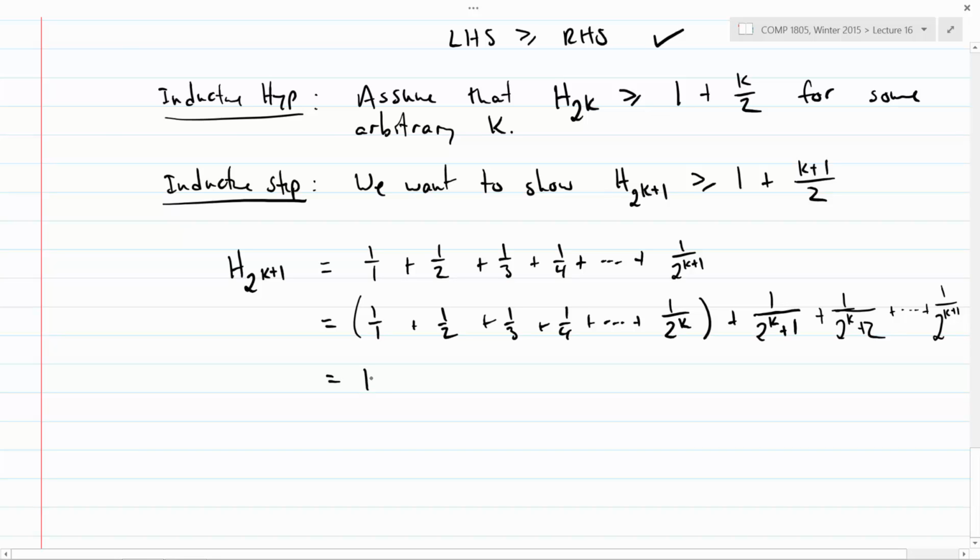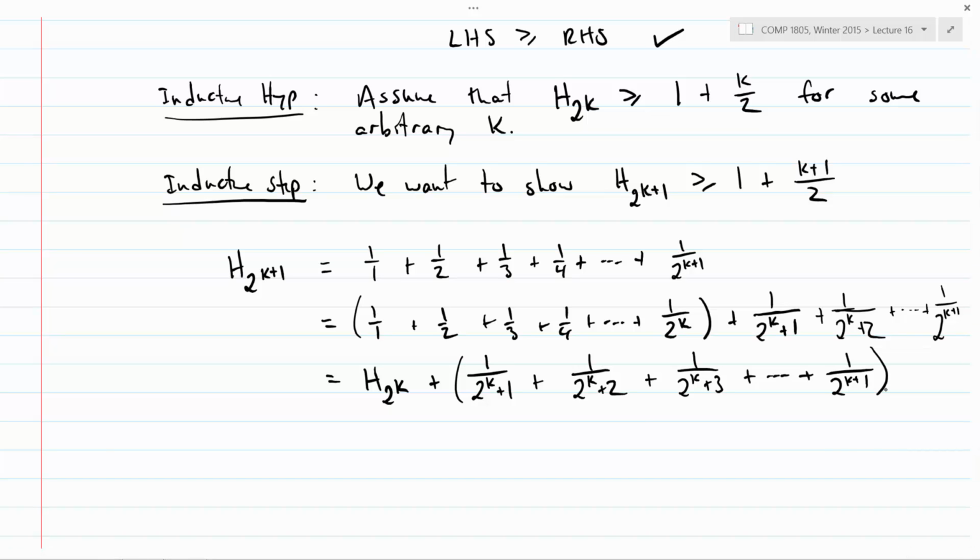So this is equal to h of 2^k plus, and I'll write this out bigger so you can see it now, 1/(2^k + 1) + 1/(2^k + 2) + 1/(2^k + 3) plus all the way up to 1/2^(k+1). So how many terms are there on the right?